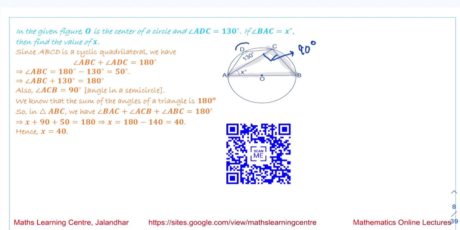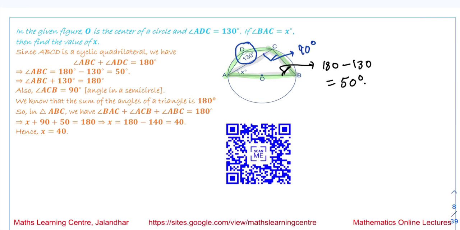Now the angle at D is given to be 130, and if you look at this quadrilateral ABCD, its vertices lie on the circle. So it means it is a cyclic quadrilateral. So the angle at B will be 180 minus 130, that is equal to 50 degrees.